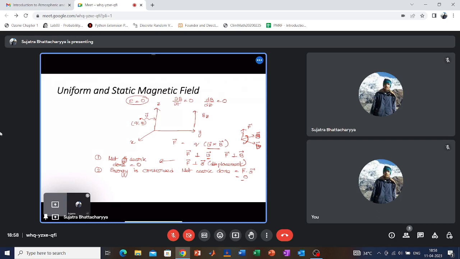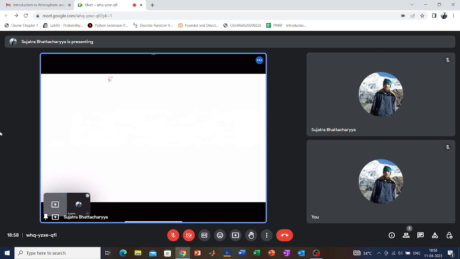Because there is no electric field, we can write m dv/dt equals q into v cross B. Now V can be written as Vx i cap plus Vy j cap plus Vz k cap.